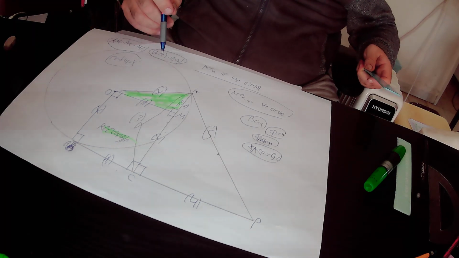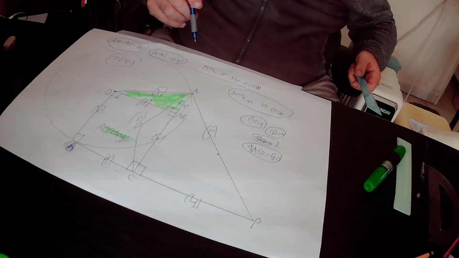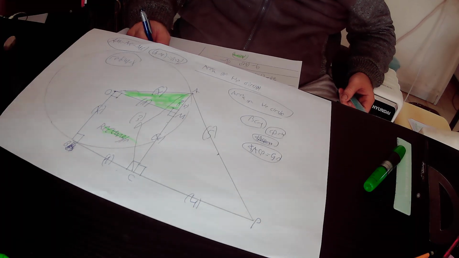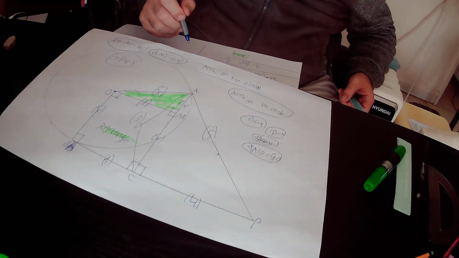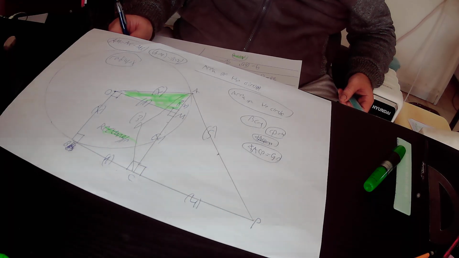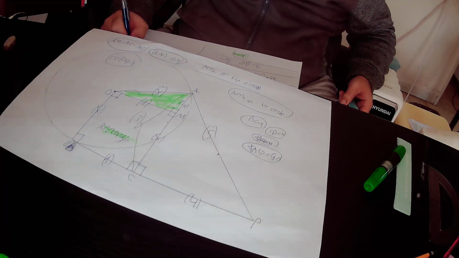In this triangle AOM, OA squared, that is the square of the hypotenuse, equals AM squared plus OM squared.